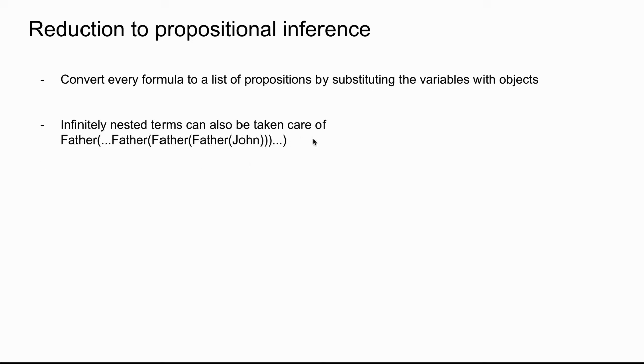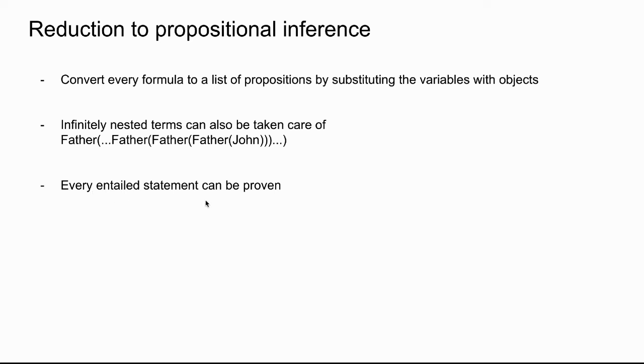That again has been shown by theoreticians to be manageable, although we are not going to get into the details. I have mentioned it just for your knowledge that infinitely nested terms are not a limitation to this approach of reducing first order logic statements to a propositional framework.